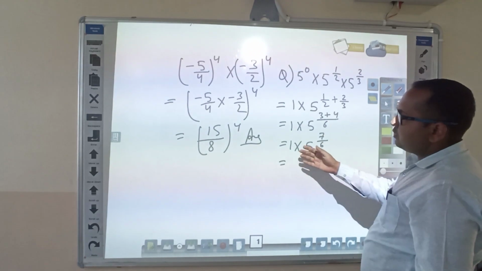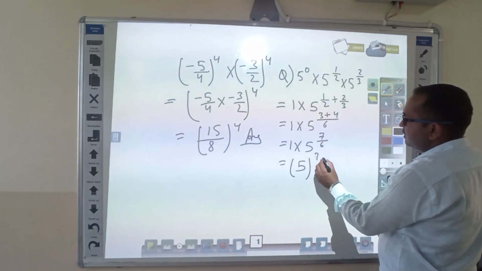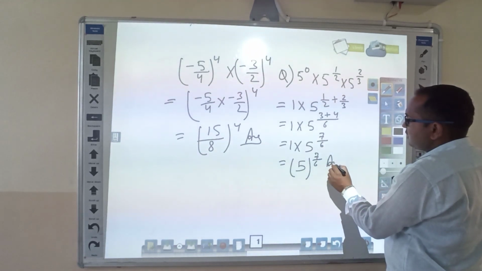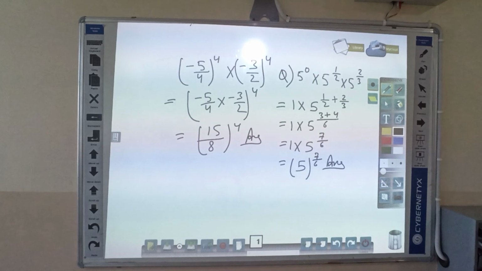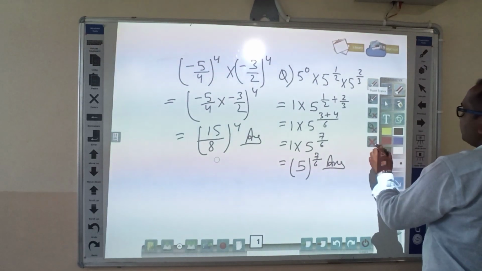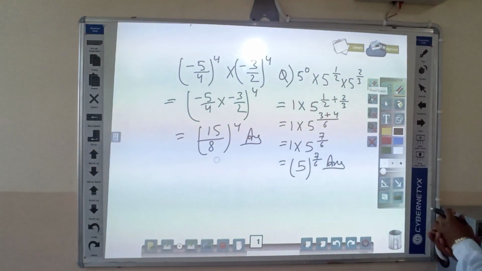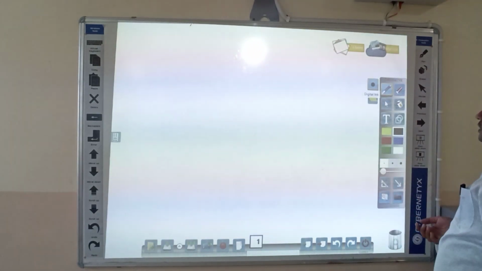Anything multiplied with 1 always gives the same number. So 5 to the power 7 by 6 is the required answer. So by these laws we can easily solve the exponential and real number questions.